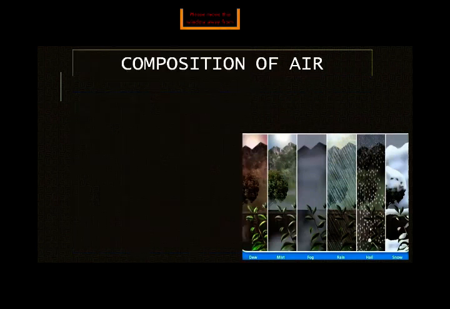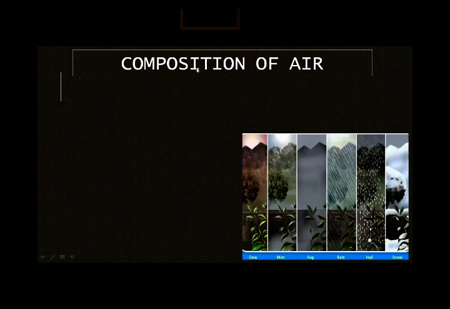Composition of air. You can observe this picture. There are many conditions of the weather. You can observe that here it is snowing, here it is raining, here are foggy weathers. So what happened?